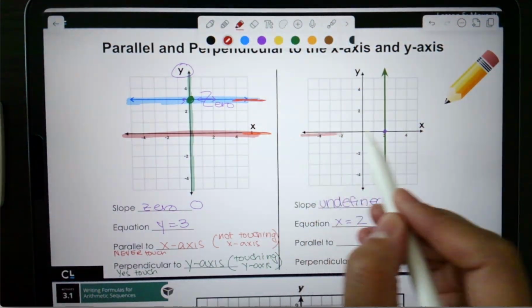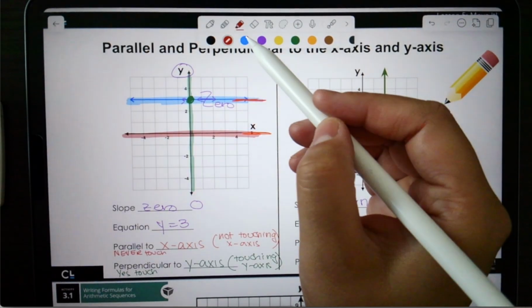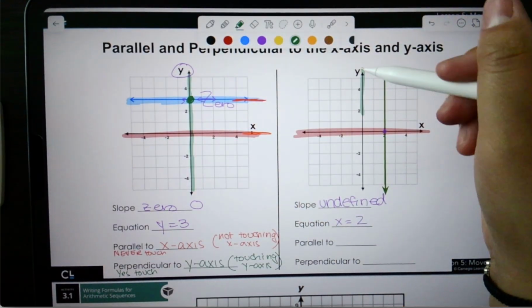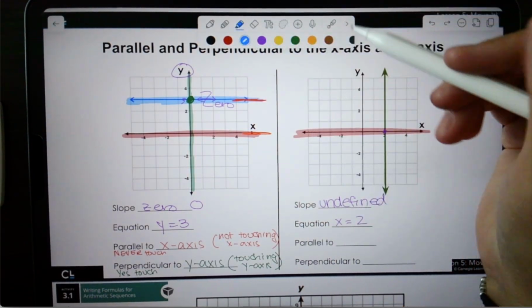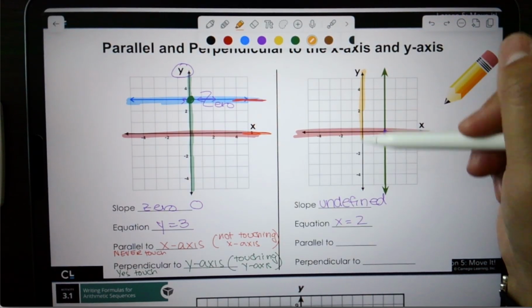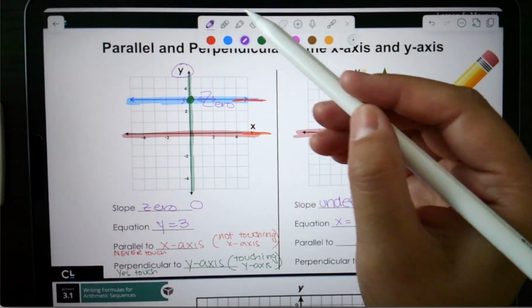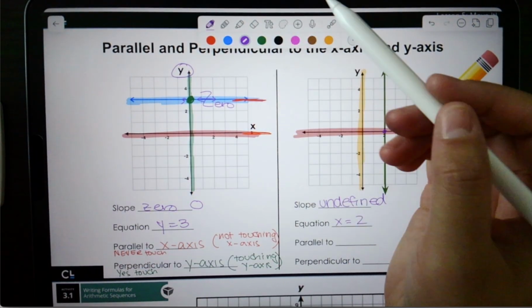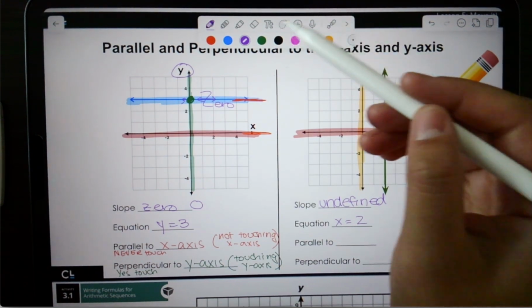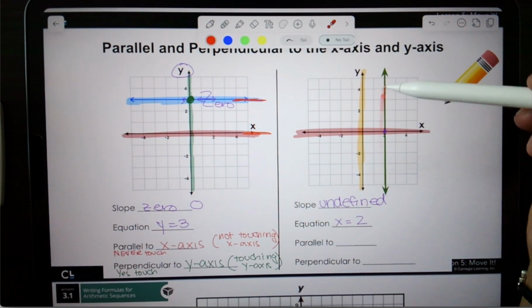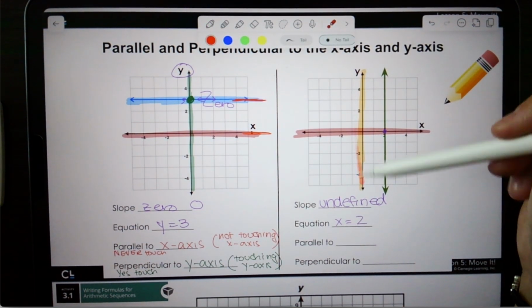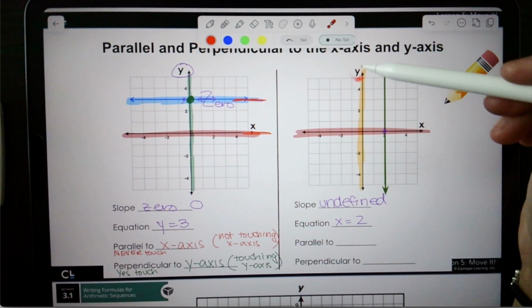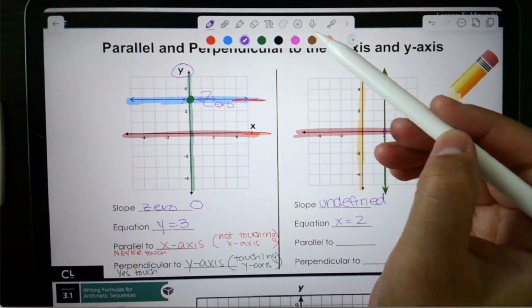Now, I'm going to highlight my lines again, red, and then my y-axis is, let's change the color to orange. So, my green line is not touching orange, so it's parallel to orange, which is my y-axis.